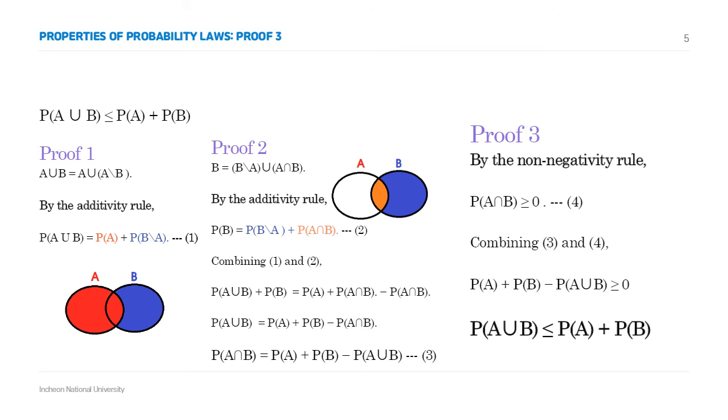So that naturally means that probability of A union B is smaller than or equal to probability of A plus probability of B.